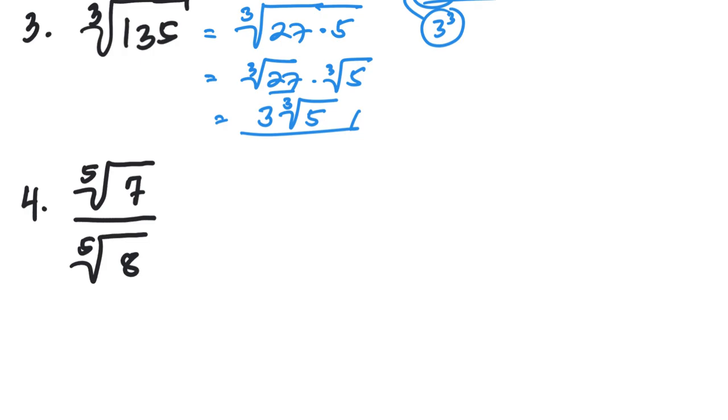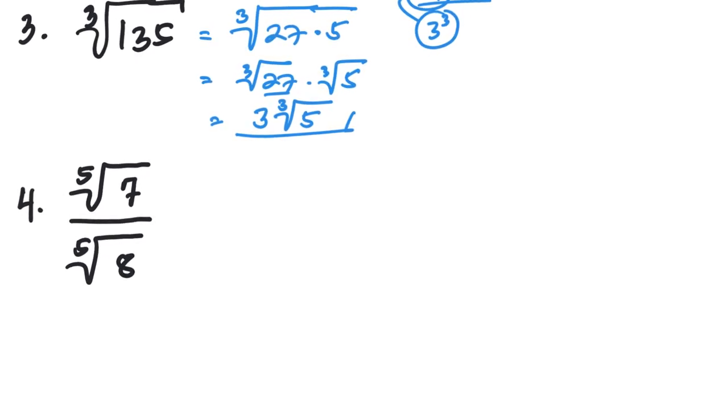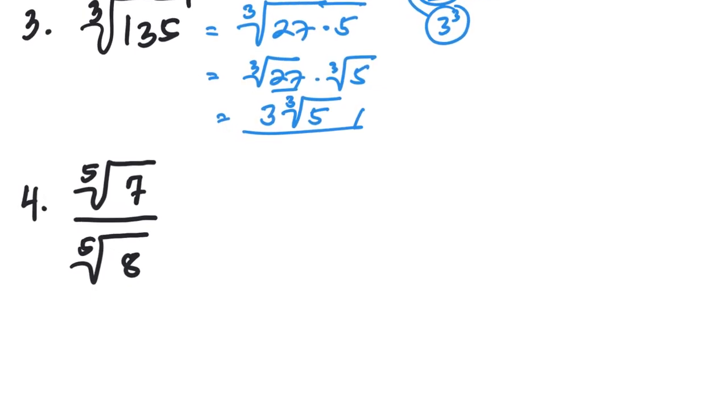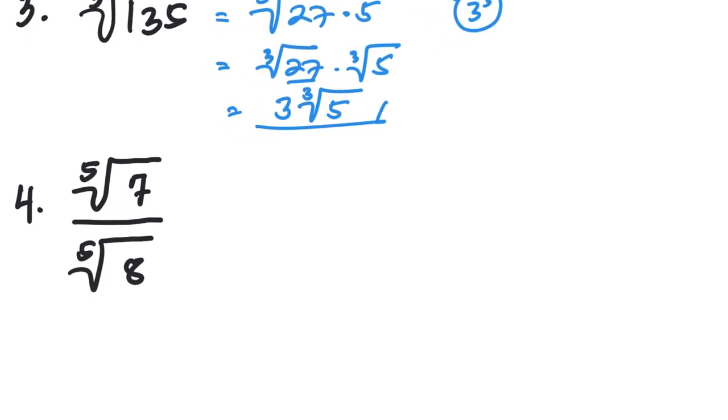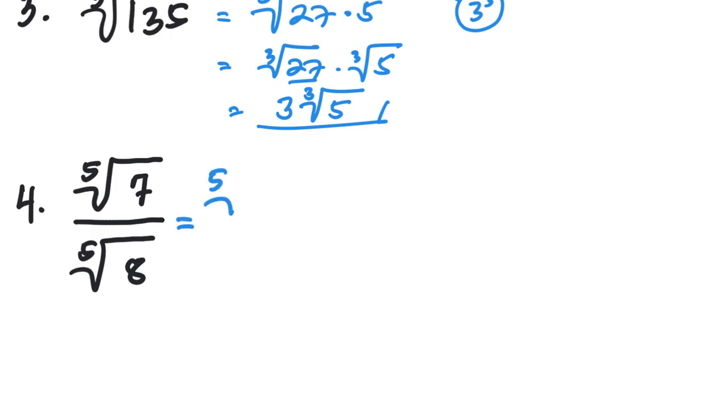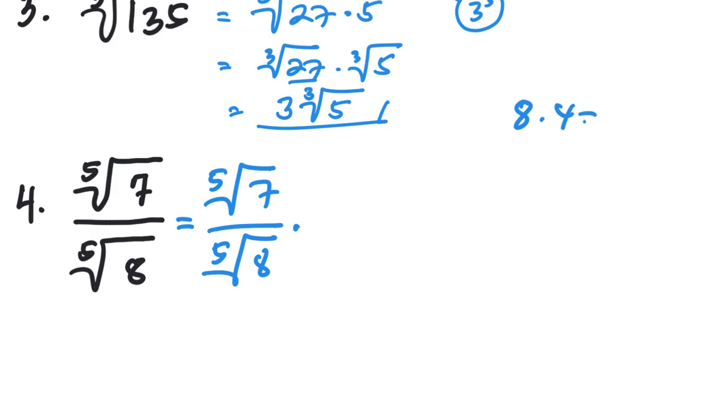Okay, number 4, the fifth root of 7 divided by the fifth root of 8. Now, in here, you need to create a perfect fifth on the denominator. So let's rewrite it: the fifth root of 7 and the fifth root of 8. In order for me to create a perfect fifth, I can say that 8 times 4, which is 32, is the same as a perfect fifth, 2 raised to 5.